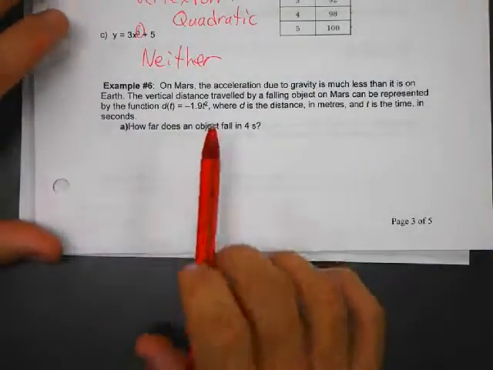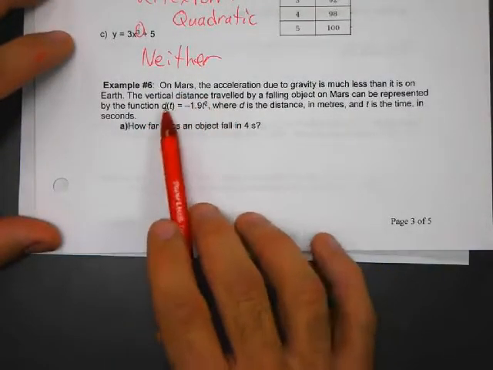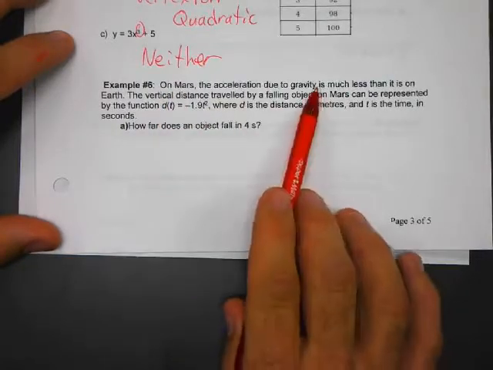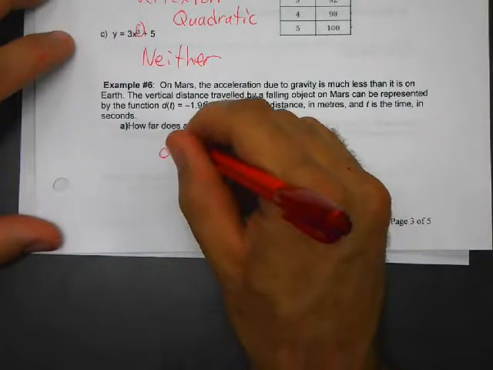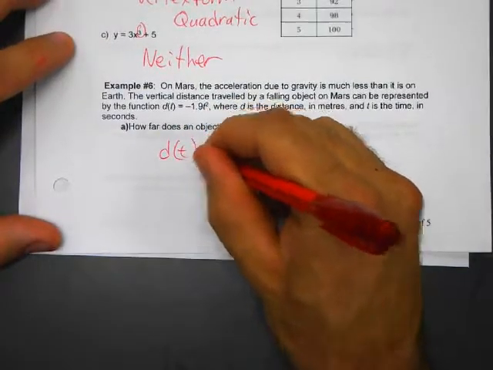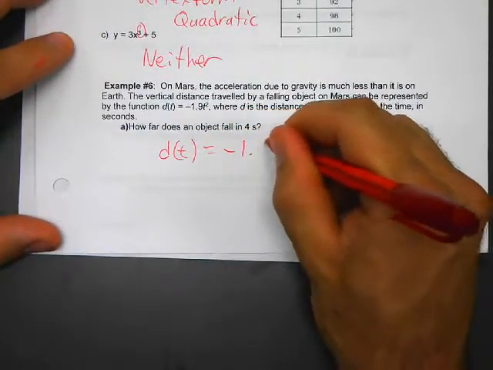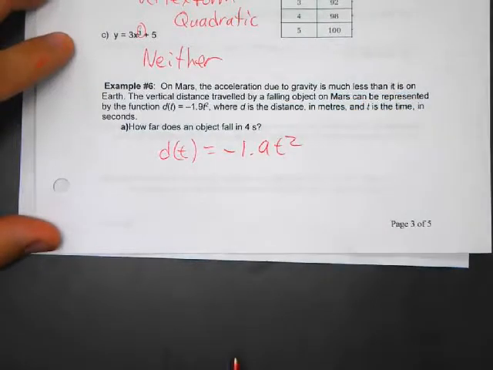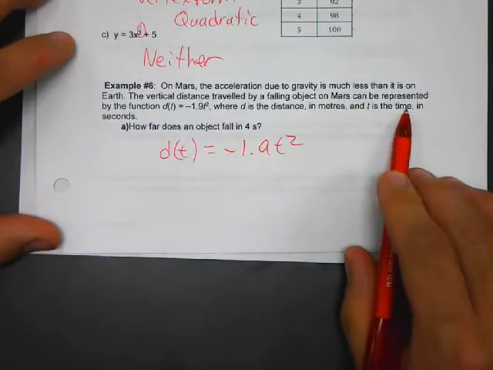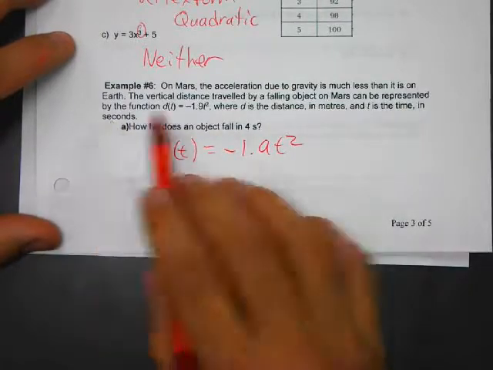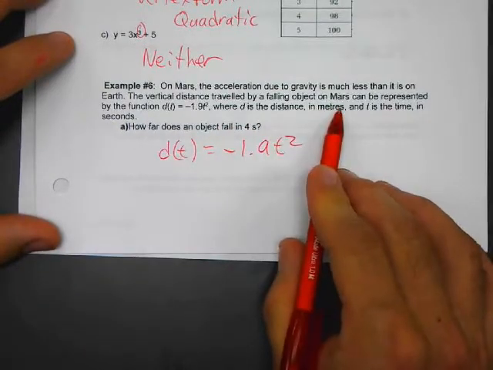Okay, next thing. This is how you read this question. It says on Mars, and then you go straight to the equation and write it down. So it says d of t is equal to negative 1.9 t squared. Then you go back and you say, well, t is time in seconds, and d is distance in meters.